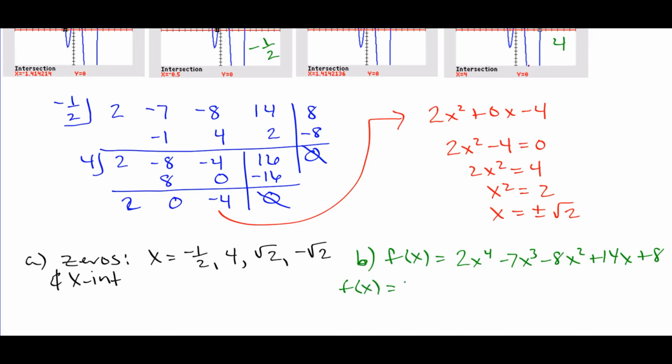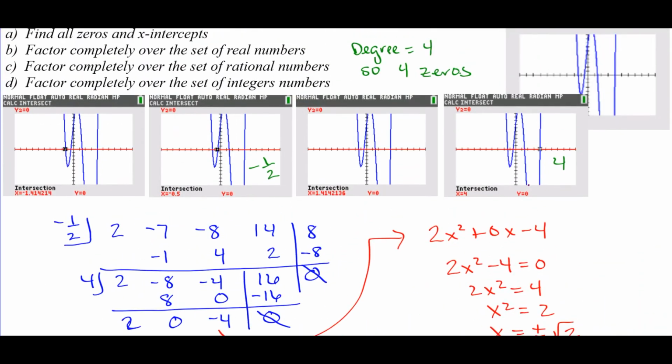So my leading coefficient's 2, I'm going to keep that there, and then I'm going to have an x plus 1/2, an x minus 4, an x minus radical 2, and x plus radical 2. So radical 2, negative radical 2, 4, and negative 1/2 are all real numbers. So that is my answer in real numbers.